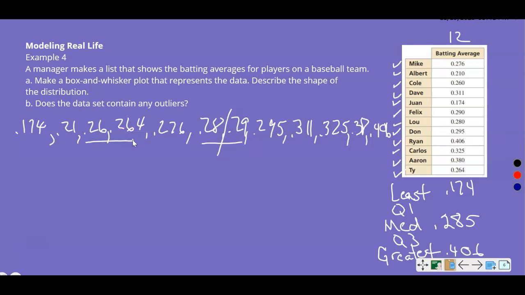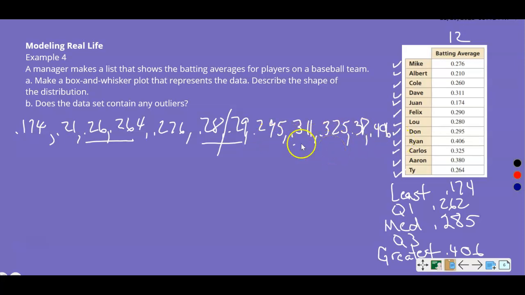So that means our first quartile, our Q1, is going to be 0.262. That's halfway between 0.26 and 0.264. All right, and that means the last thing we have to find is Q3. So I have 1, 2, 3, 4, 5, 6 numbers again.